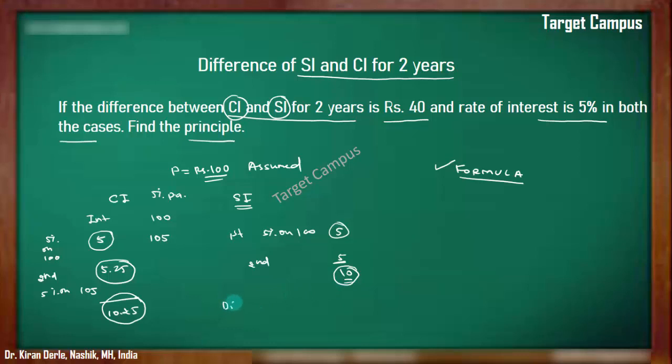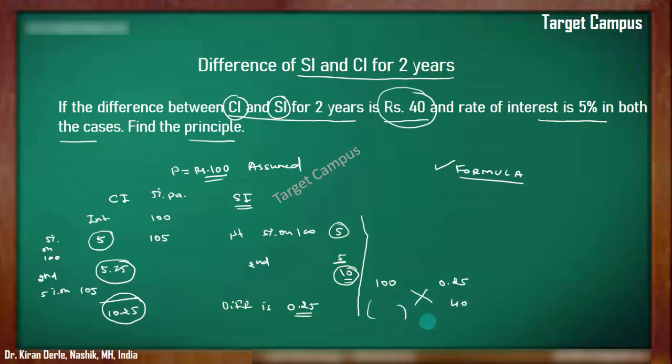The difference is 0.25. The difference between CI and SI is 0.25. So can we say that for the principal of rupees 100 the difference is 0.25? For a difference of rupees 40, what should be the principal?